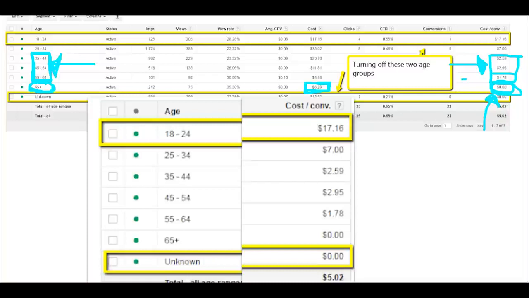And what's interesting about this data is that for people in their 50s or 60s, it's costing even less than $2 to get their email address. That's why I'm hopeful that people 65 and older will be a good marketing segment for my product, and why I haven't decided to turn that off. I'm just turning off 18 to 24 and unknown.